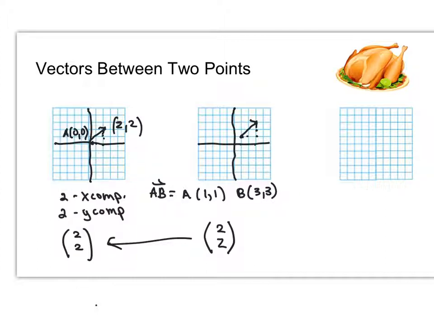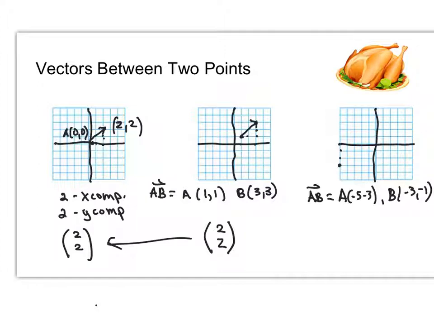Also, if I have a third vector A to B, and point A is -5, -3, and B is -3, -1. Let's draw that vector. Okay. So point A starts at -5, that's all the way over here, and -3.